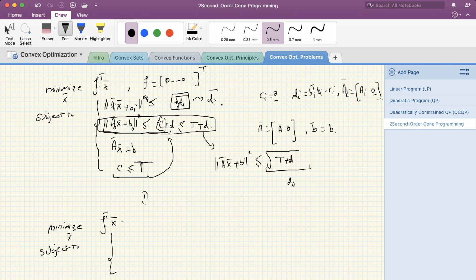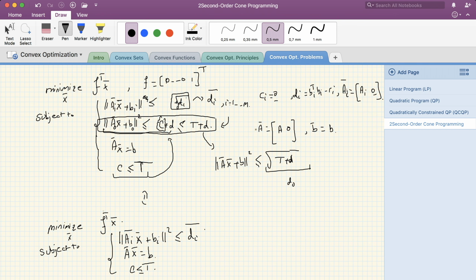So here I have i going from 1 to m. So i equals 0 will get us here, okay? Just to simplify notation, ‖Āᵢx̄ + bᵢ‖² less than d̄ᵢ, right? With Āx̄ equal to b and c is less than t.